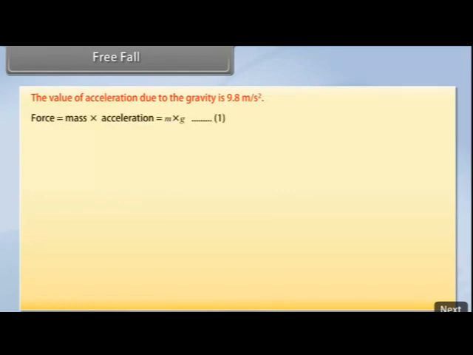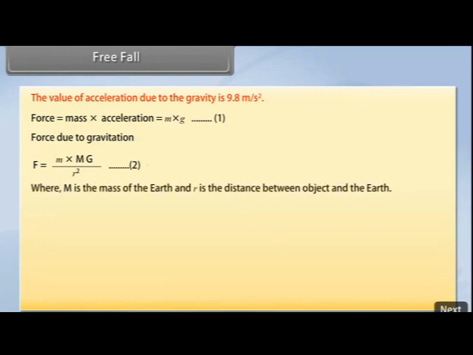Force is equal to mass into acceleration, which is equal to m into g, equation 1. Force due to gravitation, F is equal to G into M m upon r square, equation 2, where M is the mass of the earth and r is the distance between the object and the earth.